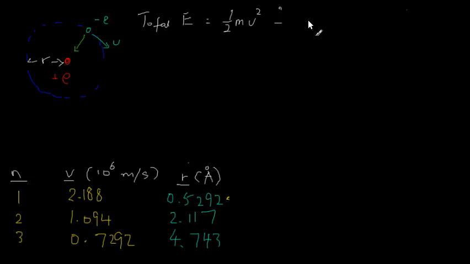Now the potential energy will be the electric potential energy between the electron and the proton, and since the charges are minus e and e, opposite charges, it would be an attractive potential, and therefore this electric potential would be negative.